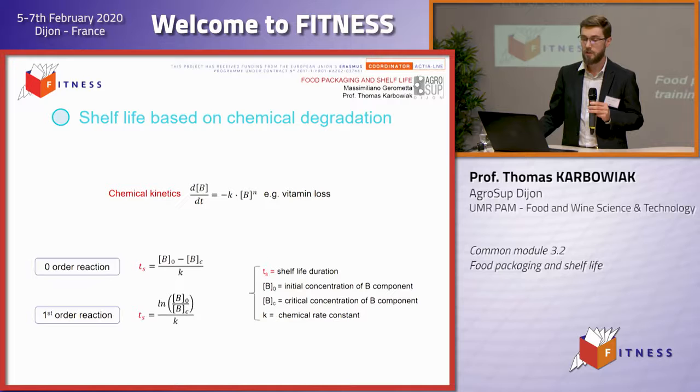In that case, you will follow the degradation, and you have to know a little bit about the order of reaction and the rate of reaction. You can use very simple models from chemical kinetics in order to model what will happen to your food. Modeling doesn't mean you will not do experiments. You must do experiments, but afterwards you can save time by not doing all of the experiments, and that's quite interesting.